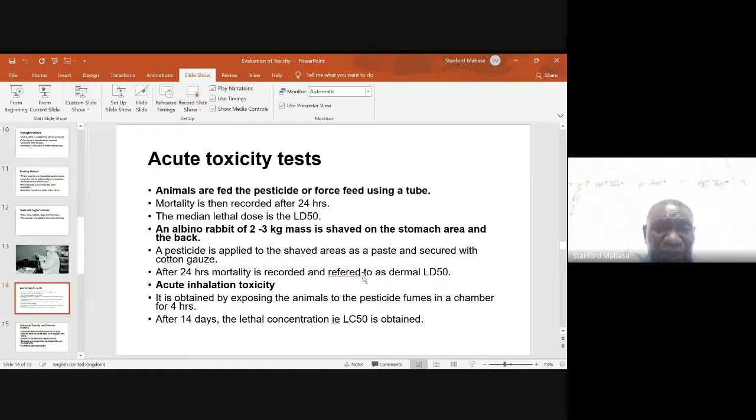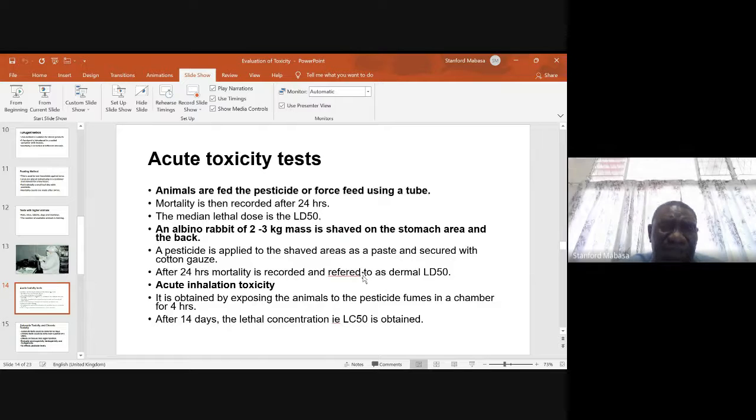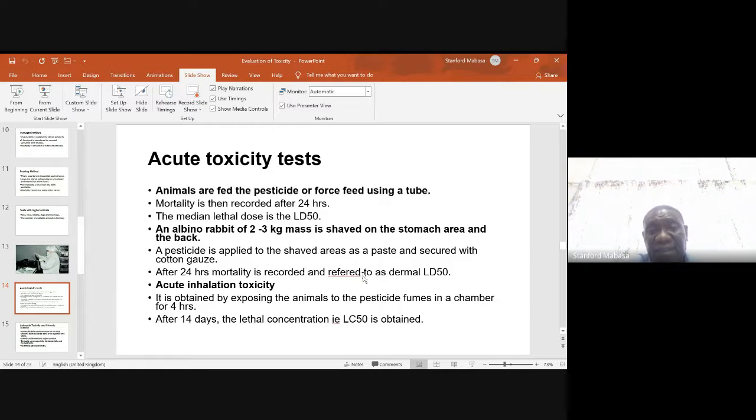We get what is called the median lethal dose. That median lethal dose is actually our LD50. And we can use it to characterize the toxicity of a pesticide.